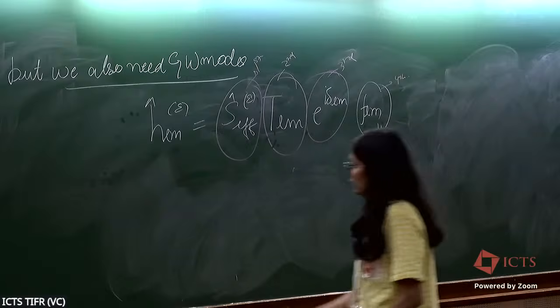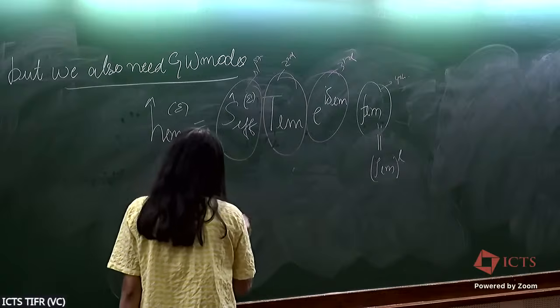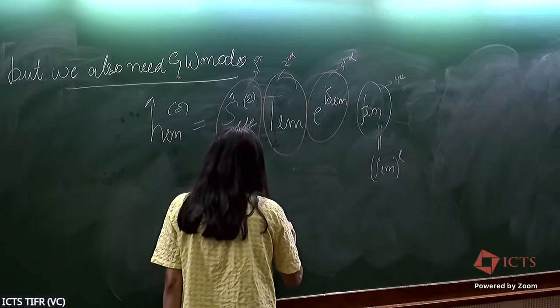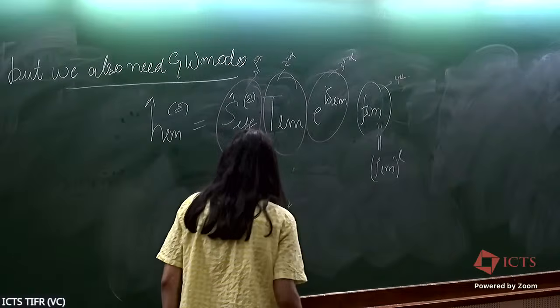So luminosity L was the time derivative of h_lm squared.